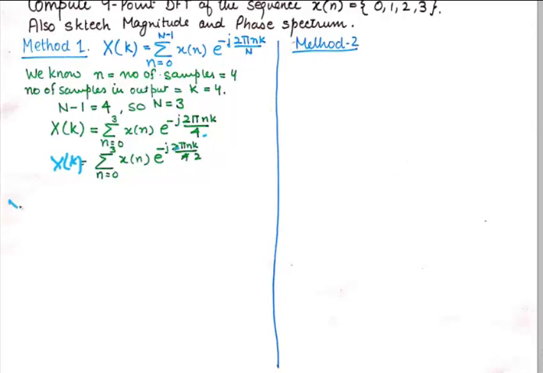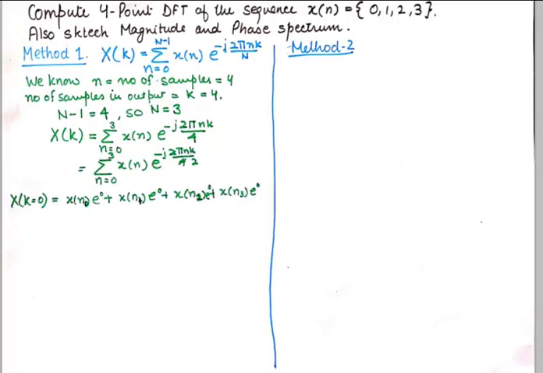So when we calculate x of 0, let us say for k equal to 0, we'll substitute k as 0, so e^0 will be there in each of these terms.